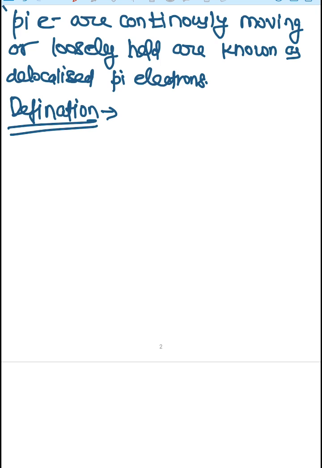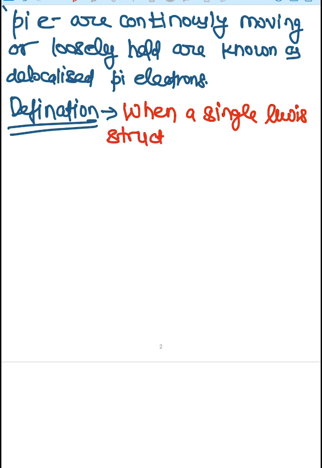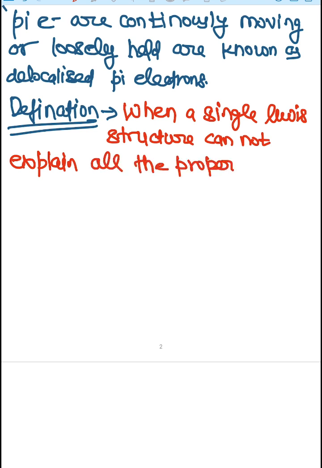When a single Lewis structure cannot explain all the properties of a molecule, then we use more than one structure to explain all the properties of a molecule. This phenomenon is known as resonance.